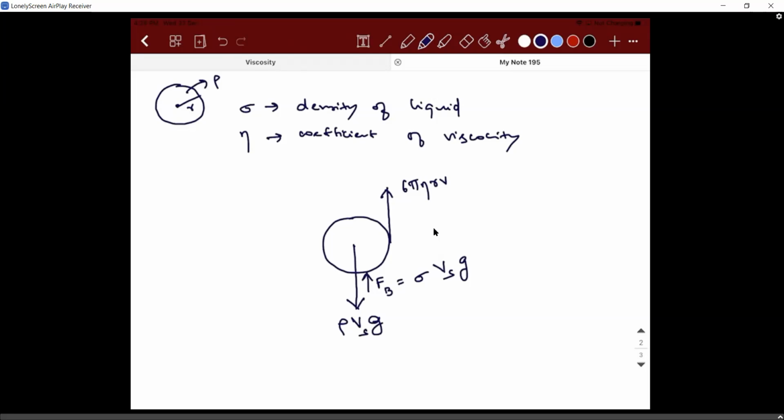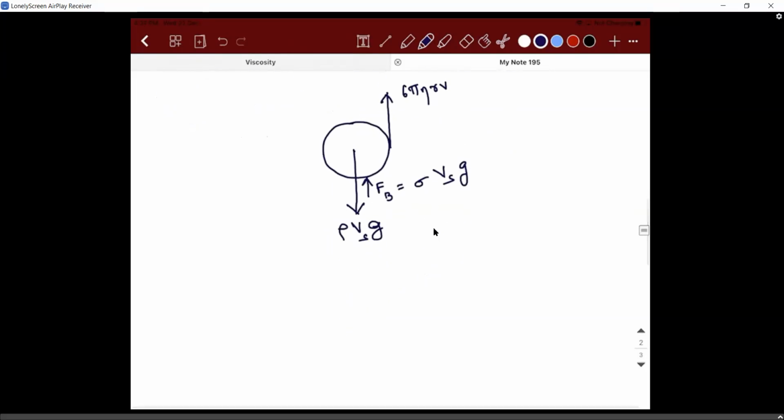Right. So what will be the relation between all these parameters? Rho into Vs into g, the only downward force, is balanced by sigma into Vs into g plus 6 pi eta r v. But what is the solid that you have considered here?